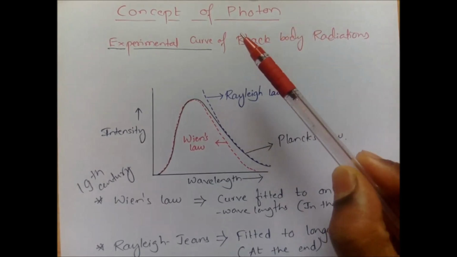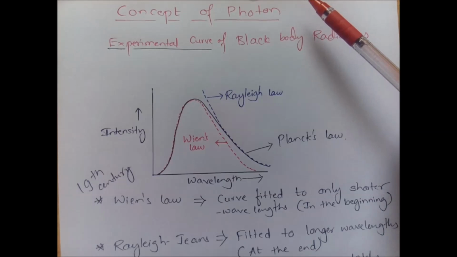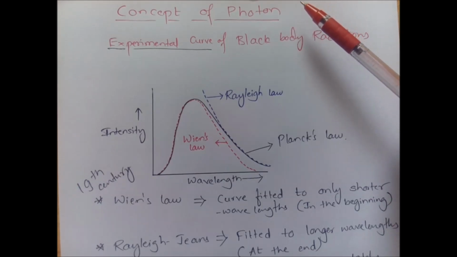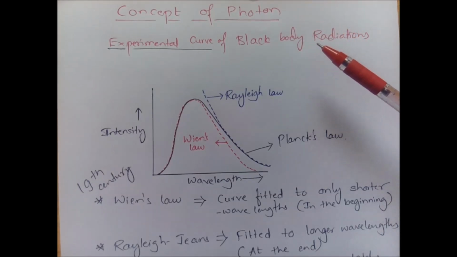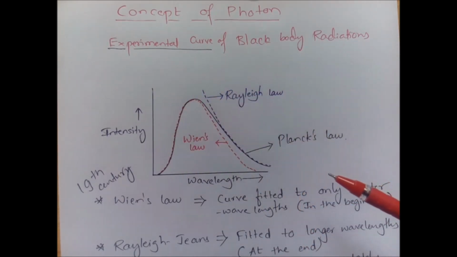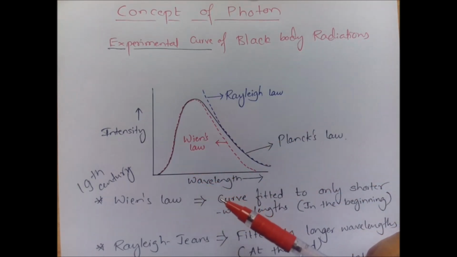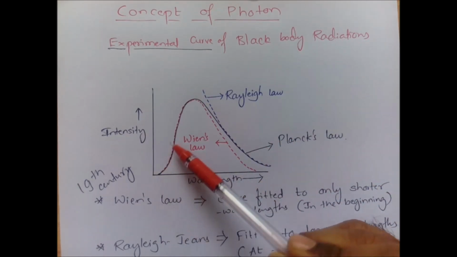Now we will see the concept of the photon, why they started using the word photon, and where all they use it. There were black body radiation experiments going on: why does the black body emit such colors, or why is the graph of this kind?